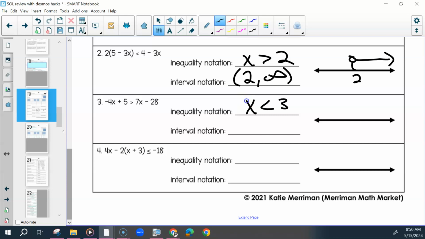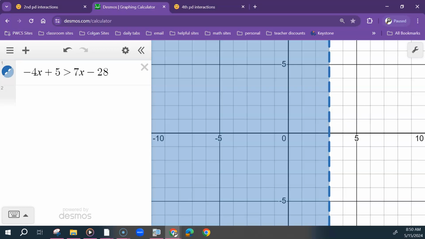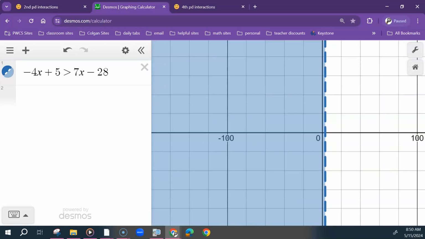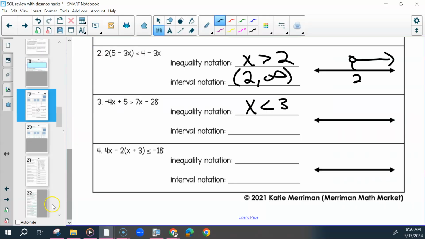Our interval notation from start to end, and that again would be open, but going to the left. Other questions?